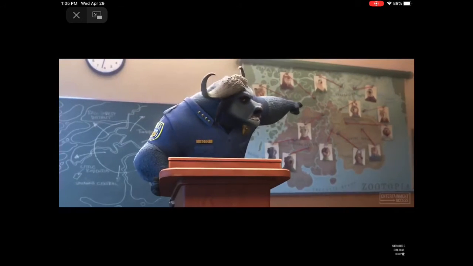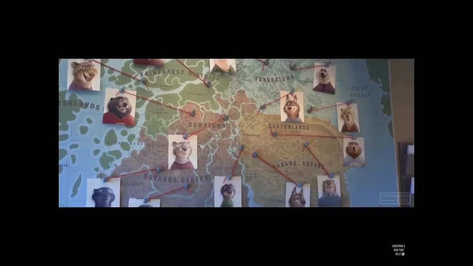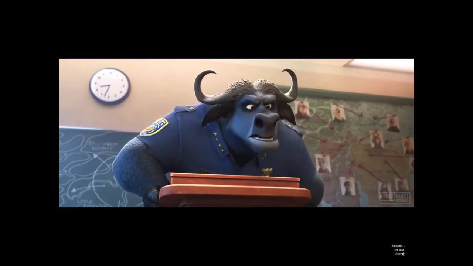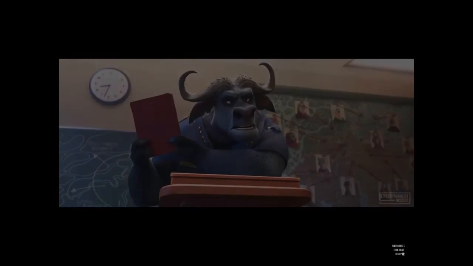We have 14 missing mammal cases, all predators, from a giant polar bear to a teensy little otter. And City Hall is right up my tail to find them. This is priority number 1.